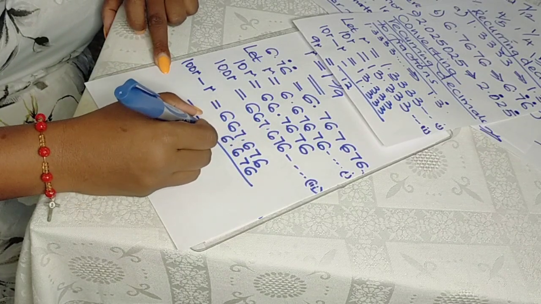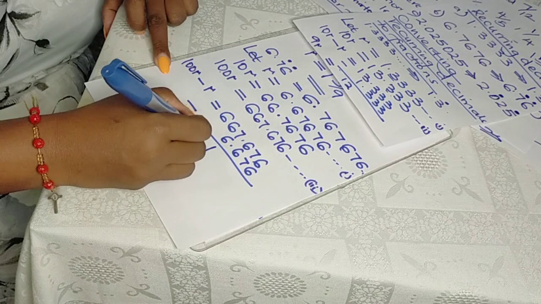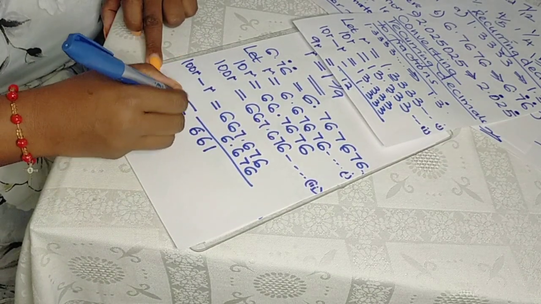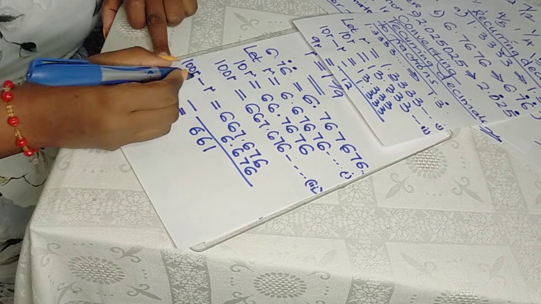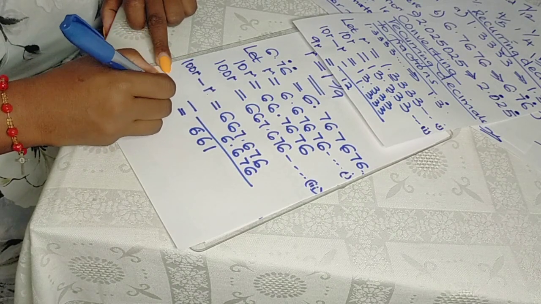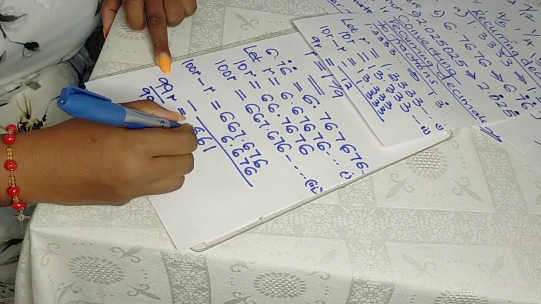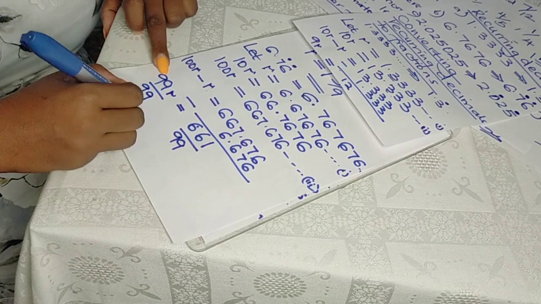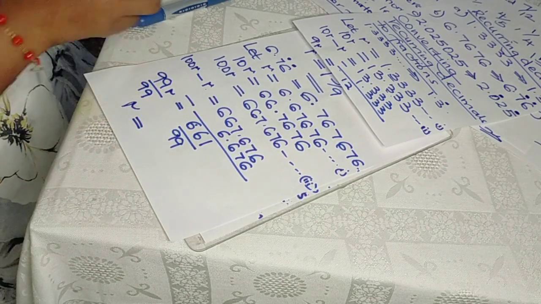Here the number is going to be 76 minus 6, which is 670. And on this side, 100r minus r is 99r. Divide by 99, divide by 99. So our r is going to be equal to 670 over 99.